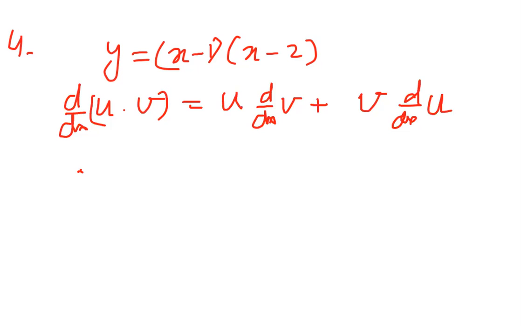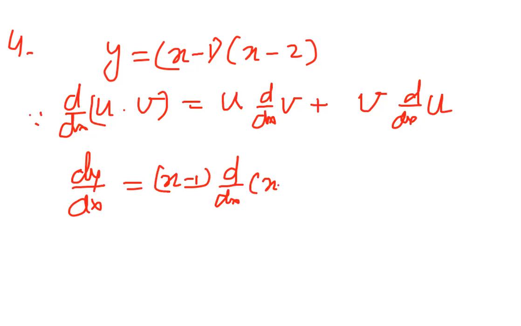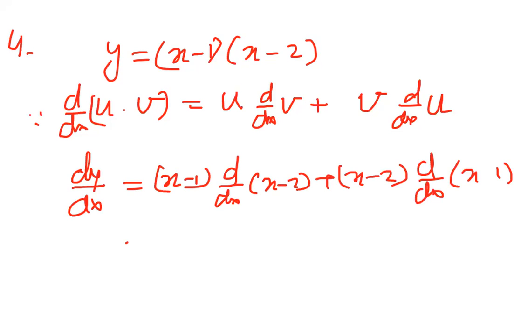So dy on dx equals first function, that is x minus 1, differentiation of x minus 2, plus x minus 2 differentiation of x minus 1. Try to see x minus 1.